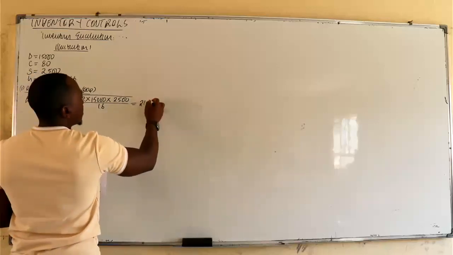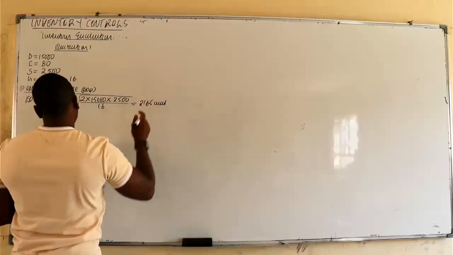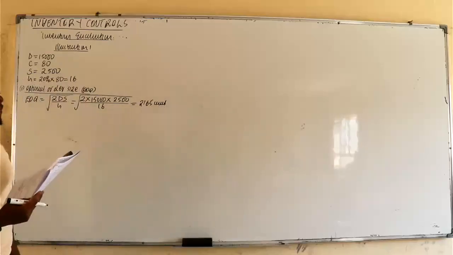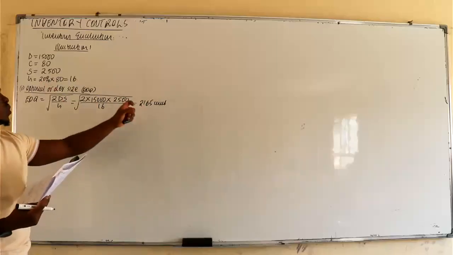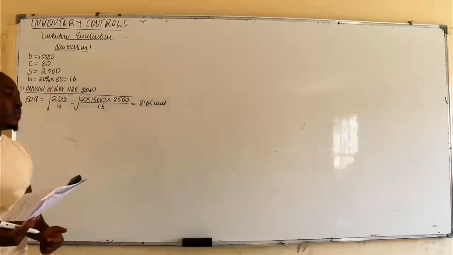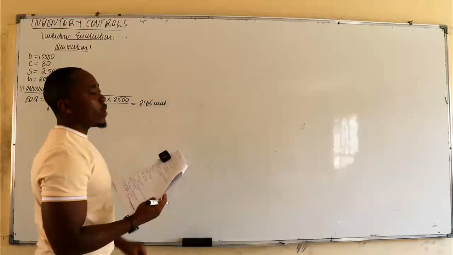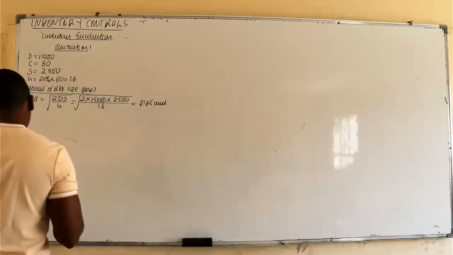That's 2,165. So whenever we make an order, we'll be ordering in batches of 2,165 units.